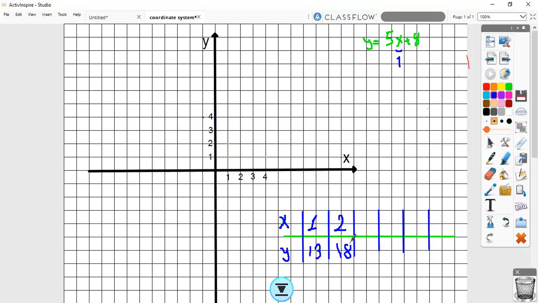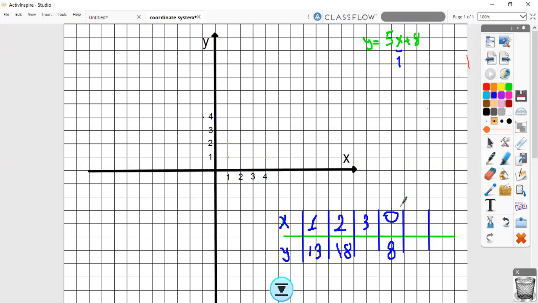In this form, I can find the other values. Now, if instead of x I have 0, what will be the y? What is the result of y? Do you have an answer? It will be 8.